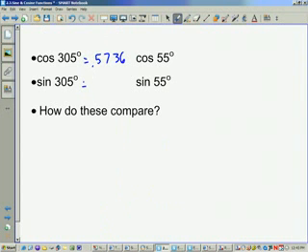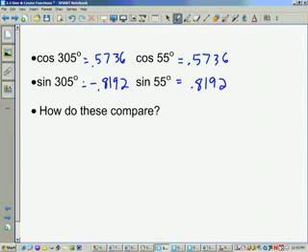And here the sine of 305 is negative 0.8192. Now the cosine of 55 is going to be 0.5736, and the sine of 55 is going to be 0.8192.